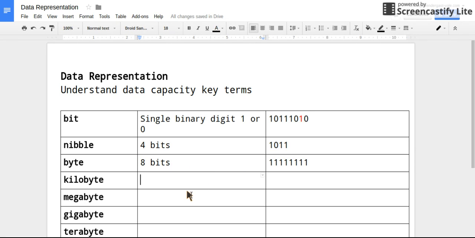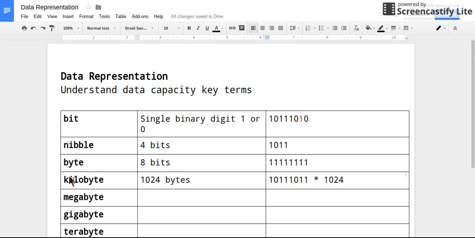So then when we start talking about a kilobyte, what that is is 1024 bytes. So if I think about this number above, it might be something like this. If I had 1024 of these, then that would make a kilobyte. So why do you think that this is not 1,000?